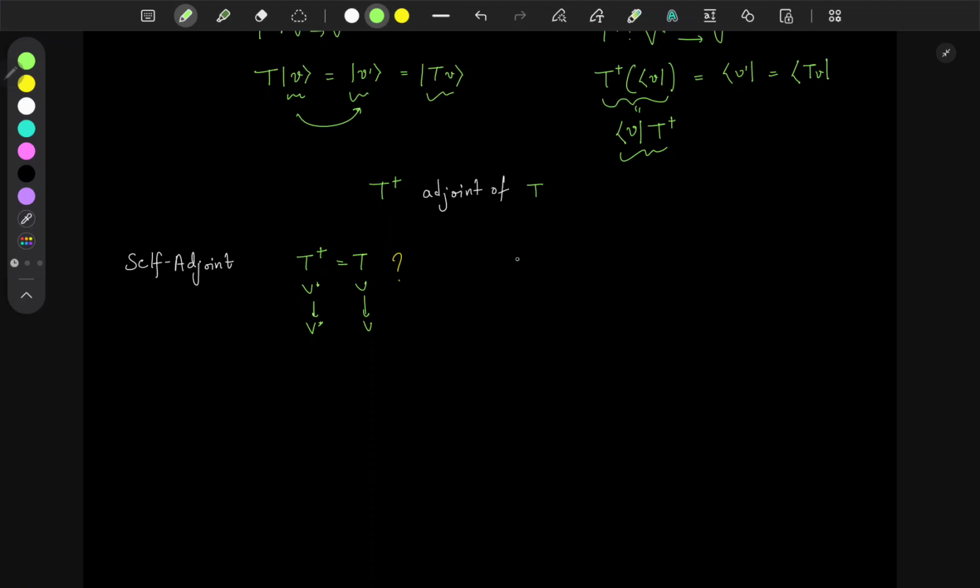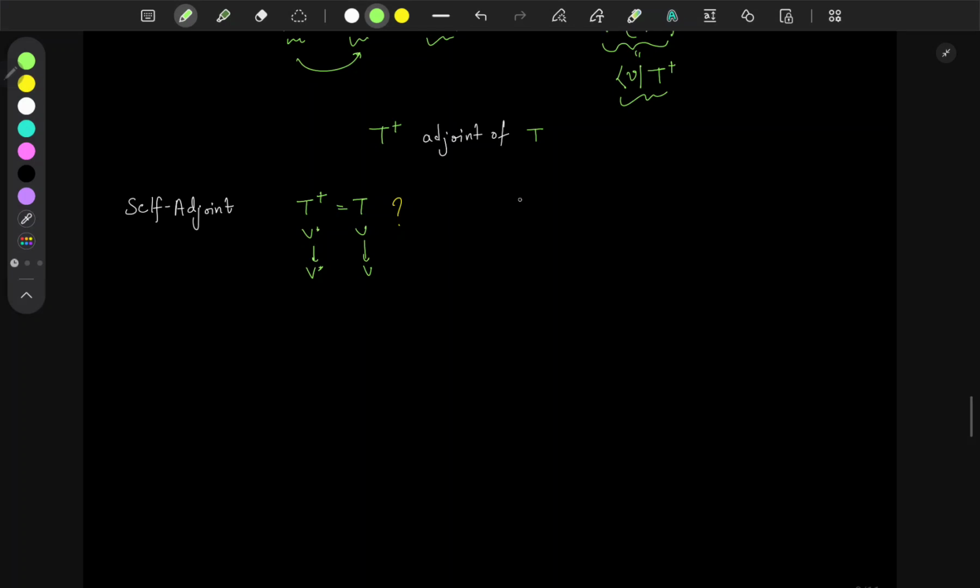Now suppose you take a map where, if you take any two vectors u and v from the vector space, and if u T dagger v is the same as u T v, then T dagger is called self-adjoint.